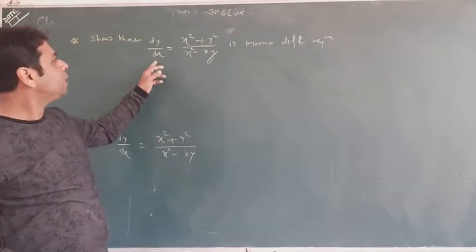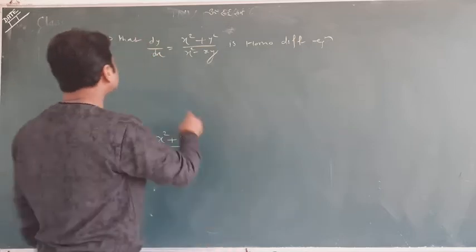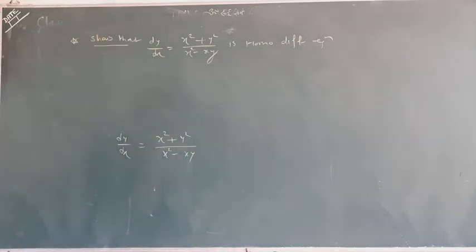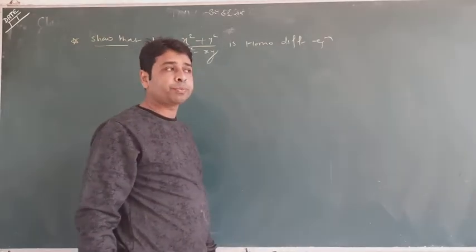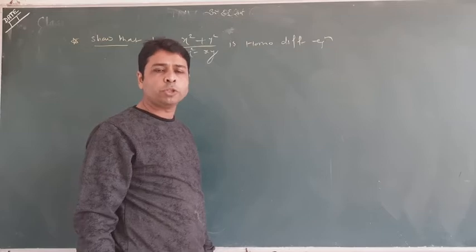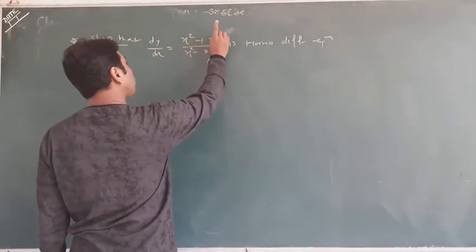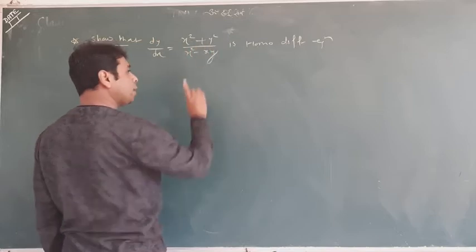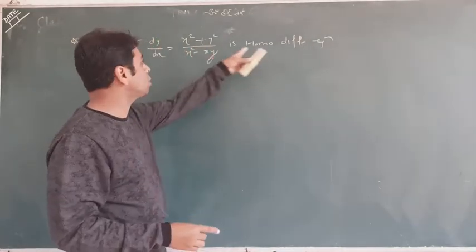It is to show, so it is a tough thing. But when we see this equation is homogeneous, we can simply predict that it is a homogeneous differential equation. Why? Because the powers are the same. The numerator has order 2 and the denominator has order 2, meaning the whole, along with dy by dx, is a homogeneous differential equation.